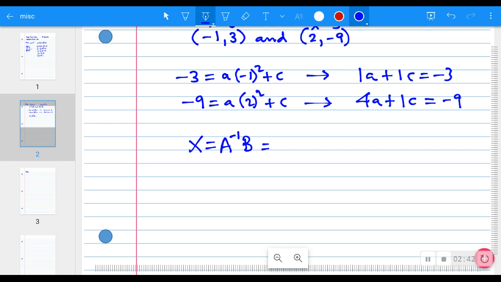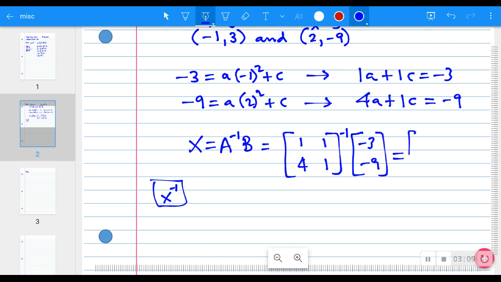So in practice, you're going to set up a 2x2 matrix with these numbers in it. You'll touch the inverse key, which is on the left-hand side. I think it's about the 4th key down. It looks like this, by the way. That's the key you'll hit. And then you put in the constant matrix of -3, -9.